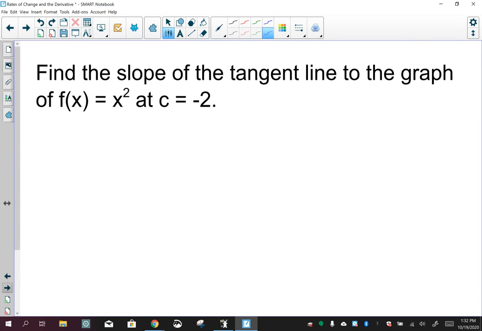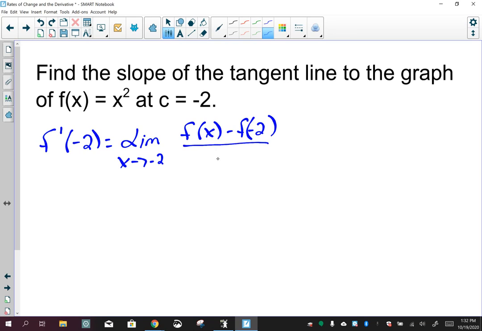Find the slope of the tangent line to the graph of f of x equals x squared at c equals negative 2. We're going to do something a little different on this one, just to show you there is a different way of doing it. We're going to say f prime of negative 2 equals the limit as x approaches negative 2 of f of x minus f of negative 2 all over x minus negative 2.